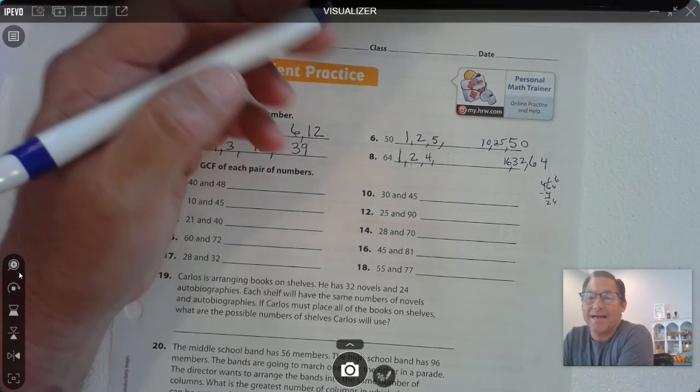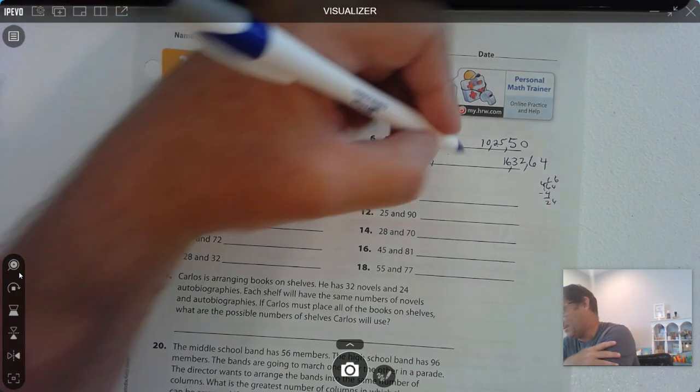The closest you can get is 7 times 9, which is 63. 8 times 8 is 64.